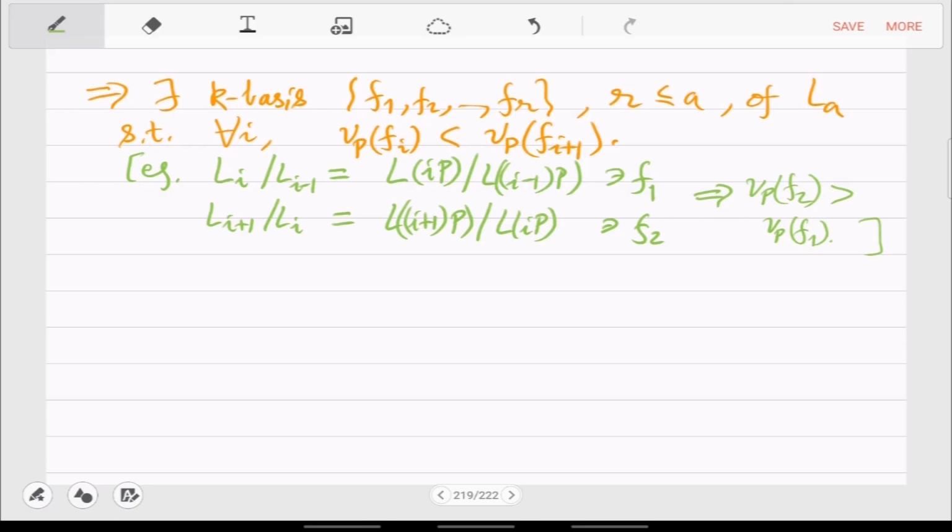Or then maybe since it's negative, it's the opposite way. It's minus i versus minus of (i plus 1). So yeah, these are different valuations and you can just arrange them in this way.